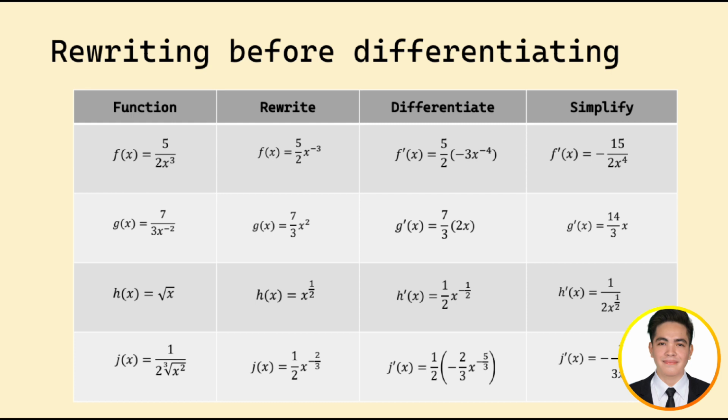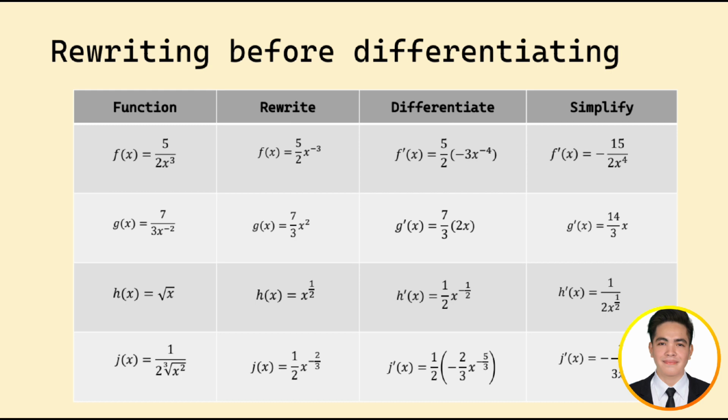F of x is equal to 5 over 2x cubed. Pansin natin na yung x cubed ay nasa ilalim and we don't have any rule na discuss thus far na save yung x cube ay nasa denominator. So we will put the x cube to the numerator so that we can evaluate the function.